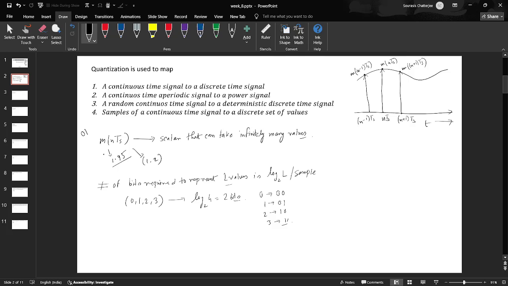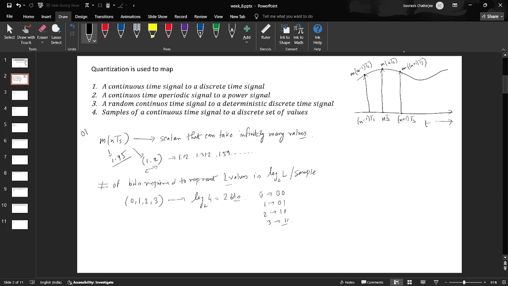So when I take this particular sample, which is basically a scalar, that can take any value between 1 and 2, what does that mean? It can take infinitely many values. Let's say pick any numbers, like 1.12, 1.312, 1.59. There are infinitely many values possible in this interval between 1 and 2.